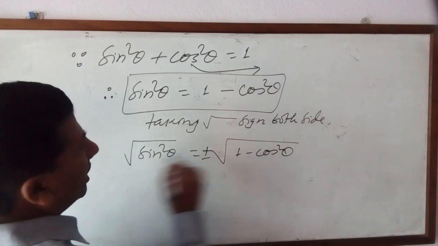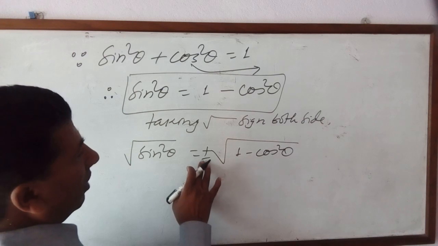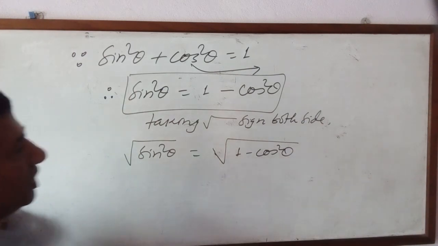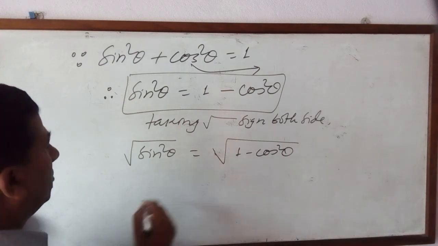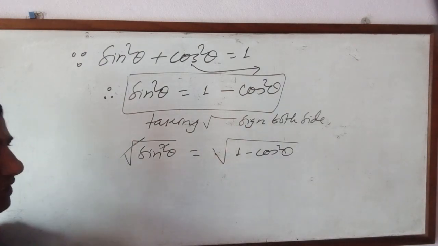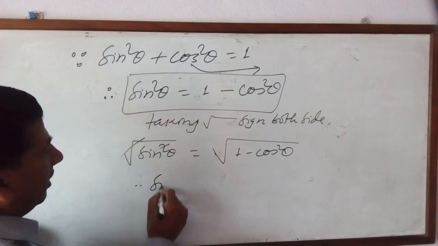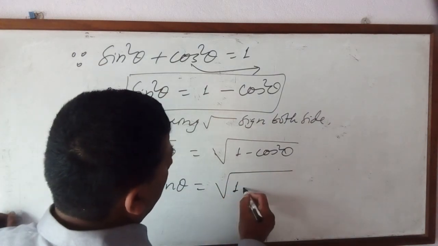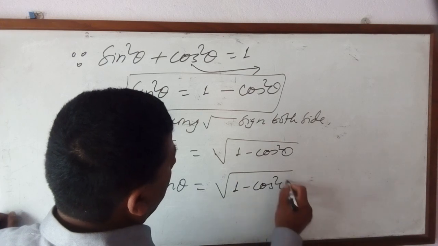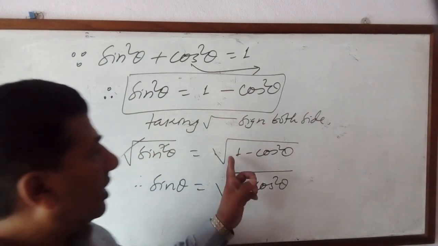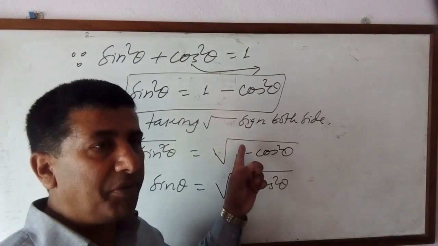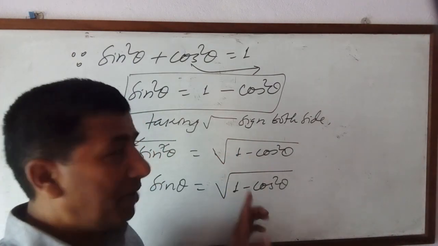Here there will be both plus and minus signs, but I write only positive right now. The square cancels the radical sign, therefore sin theta equals root under 1 minus cos square theta. Because there is no whole square, this radical sign cannot be cancelled, so it remains the same.